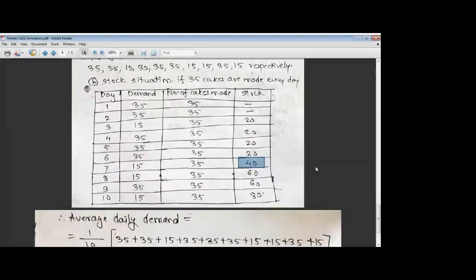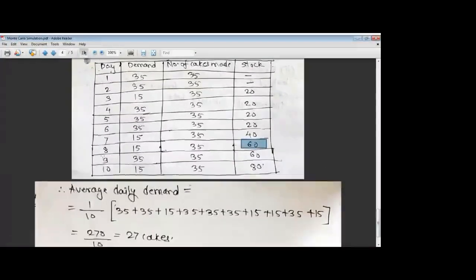So the stock situation at the seventh day is 40 cakes with the bakery owner. Now on the eighth day, again the demand is of only 15 cakes, but the number of cakes made is 35. So previously 40 cakes, and for the eighth day 20 cakes are pending, so 40 plus 20 happens to be 60 cakes.